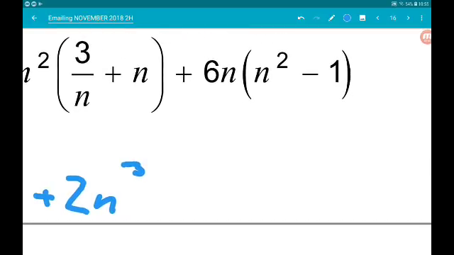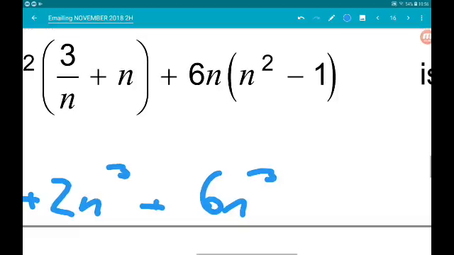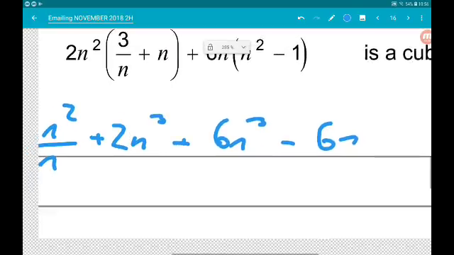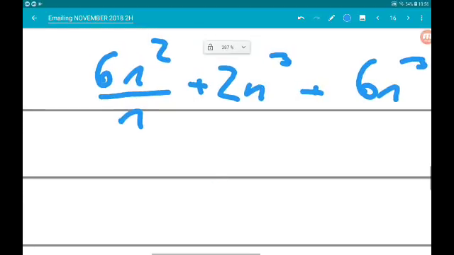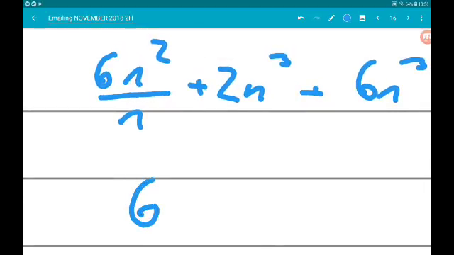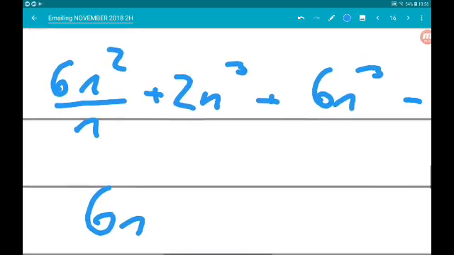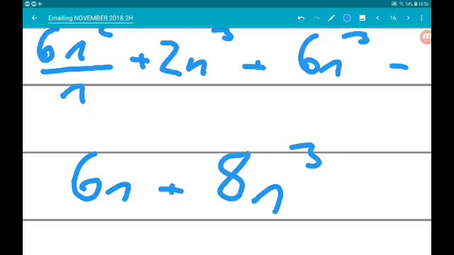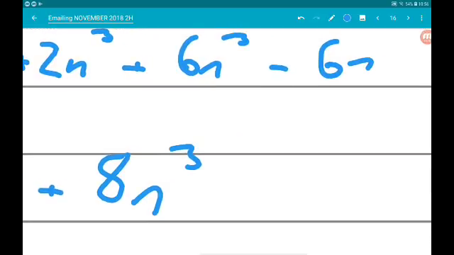Then we got add 6n times n squared is 6n cubed, and then 6n times minus 1 gives us minus 6n. Okay, 6n squared over n is 6n, add, so we got 2n cubed, add 6n cubed, so we got add 8n cubed, and then we got minus 6n.